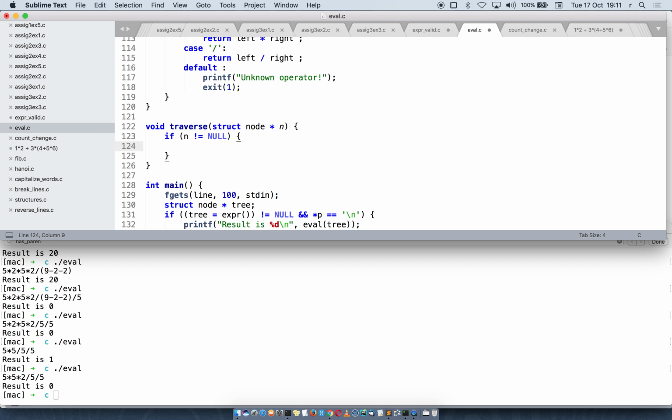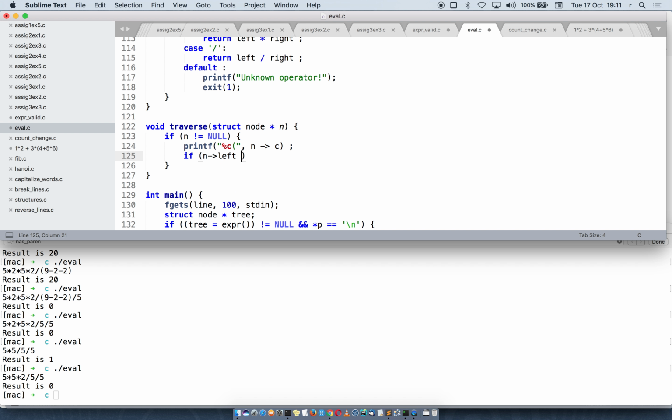So if n is not equal to null, then we're going to do printf %c open bracket, and then we're going to say n dot c, and then if n arrow left not equals, actually I'm not going to do the bracket, not equal to null.